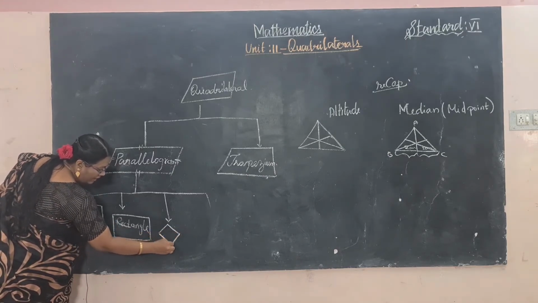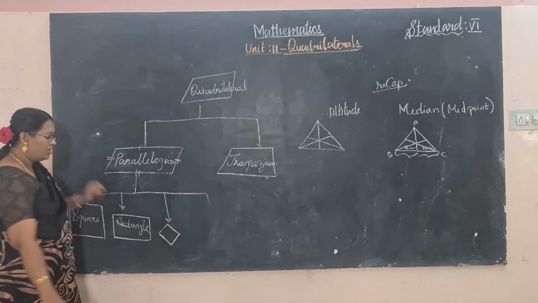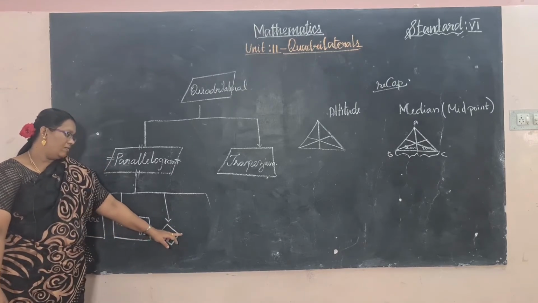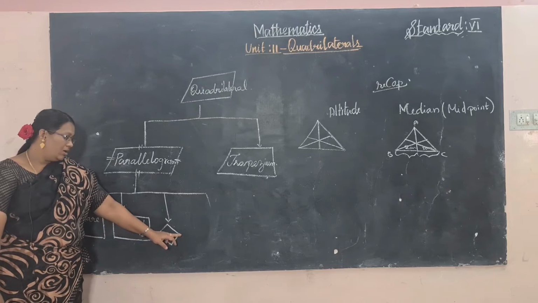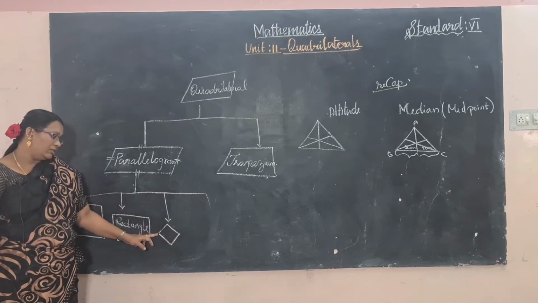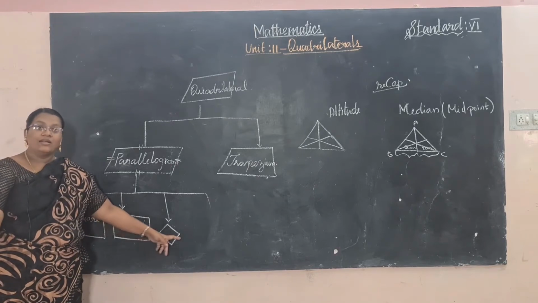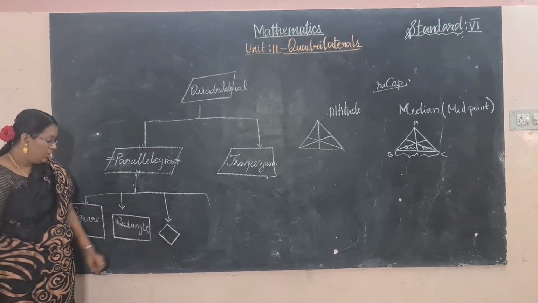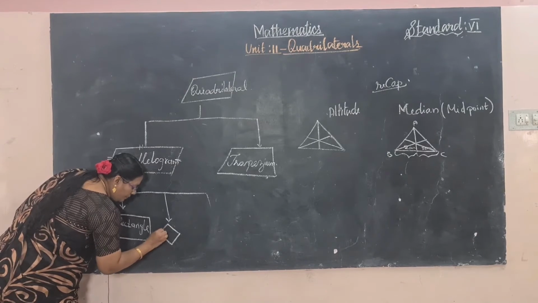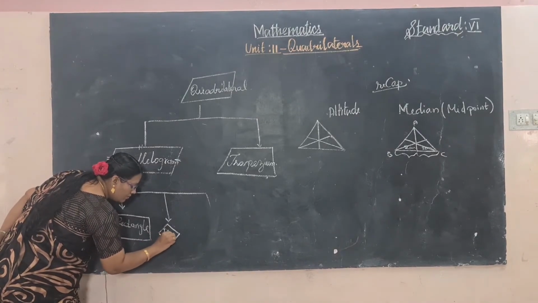Diagonal means the line from one vertex to the opposite vertex; that is called the diagonal. So this is the rhombus.